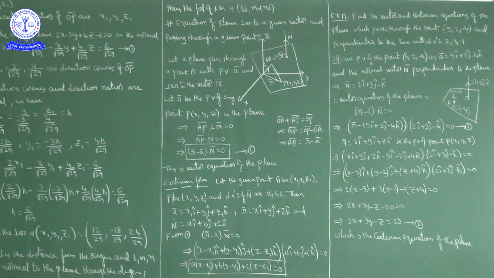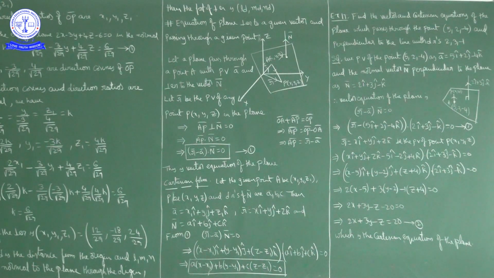The plane is passing through the given point (5, 2, minus 4), and the line with direction ratios 2, 3, minus 1 is perpendicular to the plane. So the normal is given and the point is given.